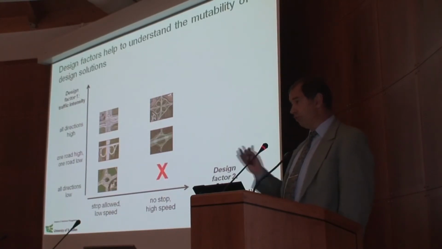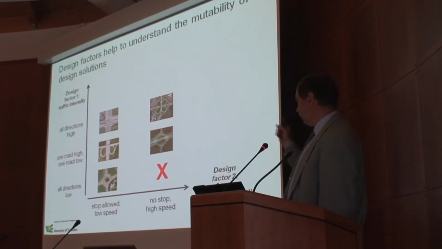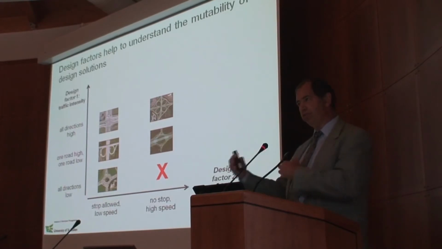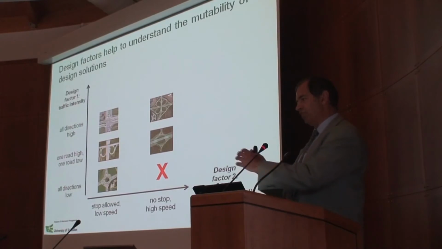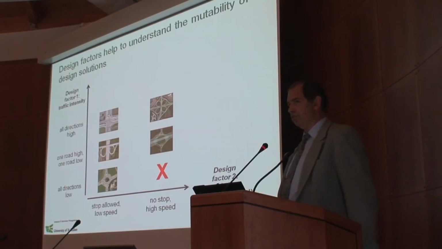And we see that certain combinations don't exist in the real world. So if all directions have low traffic intensity, but they all have high speed, we don't see that. So this is the first step to understand reality, to be able to classify the solutions according to at least suspected influences that we feel are important or that we know are important to understand the diversity.